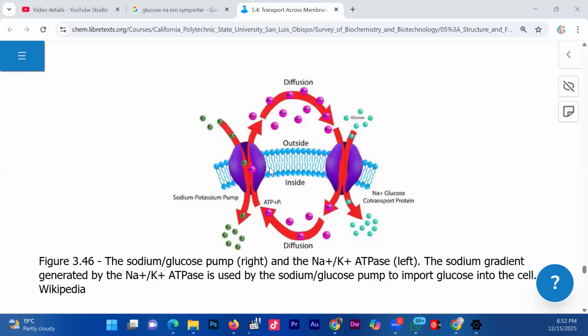Okay, so this first one here, since the materials are being transported in opposite directions, it is called an antiporter. Antiporter.